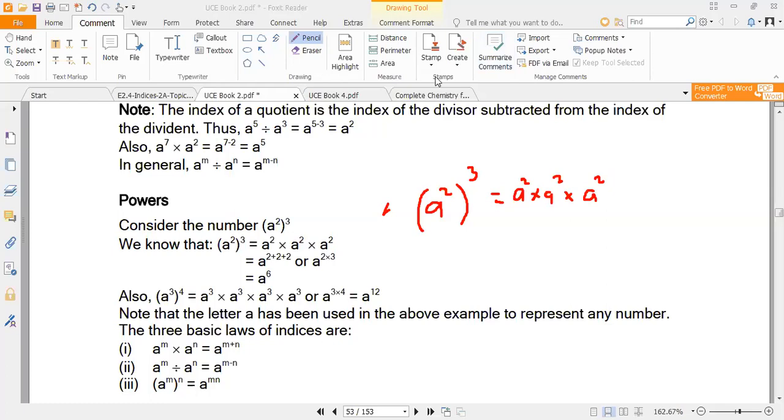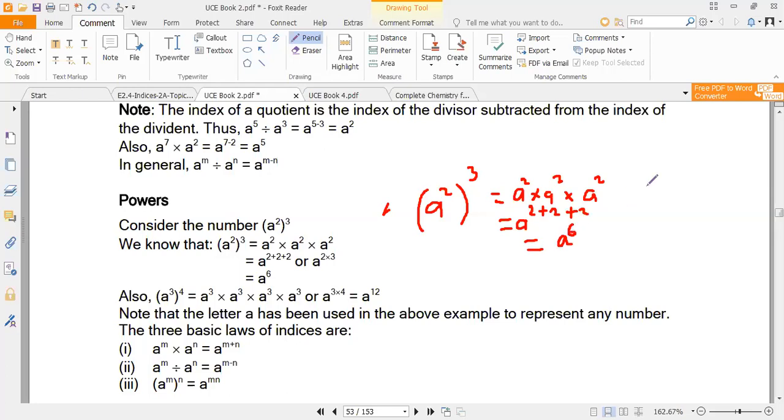Okay, so that is what it means. Remember here, if we apply the law of multiplication, where we add the powers, it will be 2 plus 2 plus 2, and we end up with a power 6.